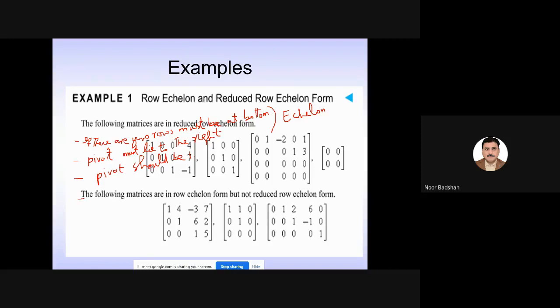And the fourth one is, columns containing a pivot should not contain any other non-zero entry.